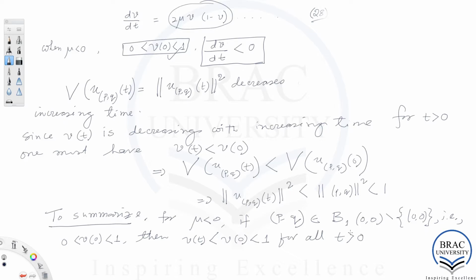Okay, from which we get that the solution u sub p comma q at t, because of this inequality, belongs to this open ball, right? Because v of t is strictly less than 1.